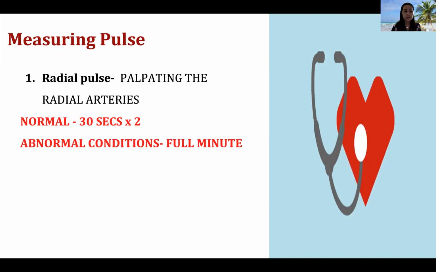That is only for normal patients. But if your patient has an abnormal condition like a heart problem, you should check the radial pulse for a full minute. So no need to multiply it, because it is measured in a full minute. You only multiply by 2 if you measured it for 30 seconds. So don't confuse yourself, guys.